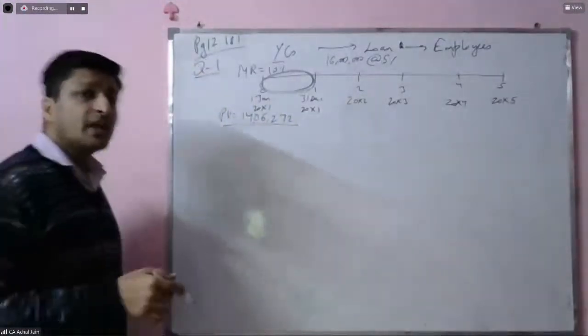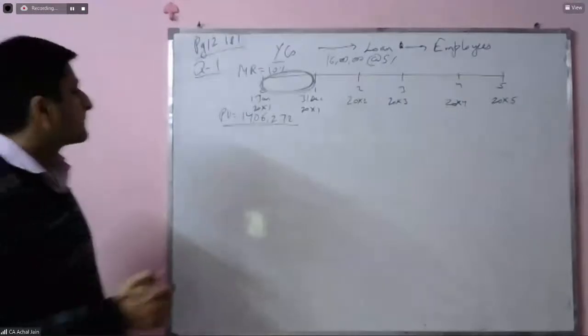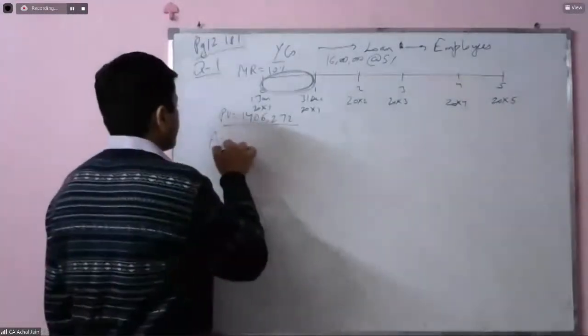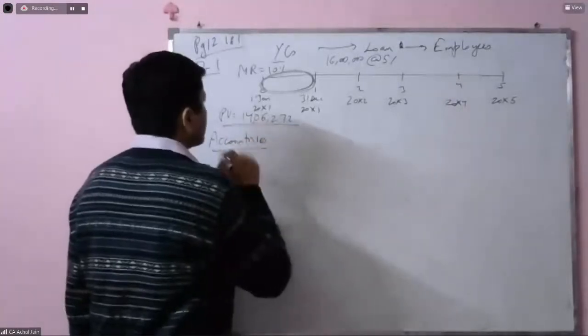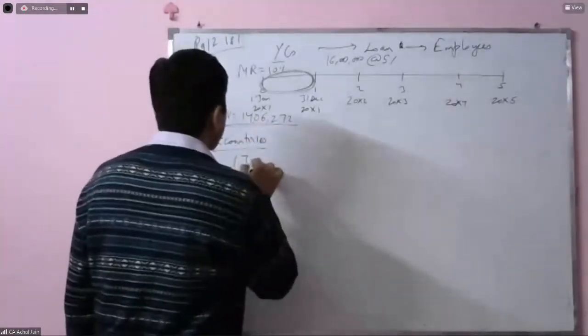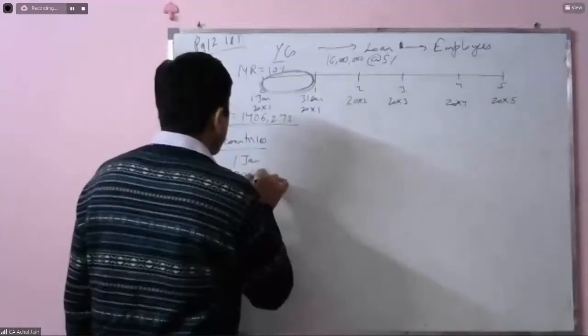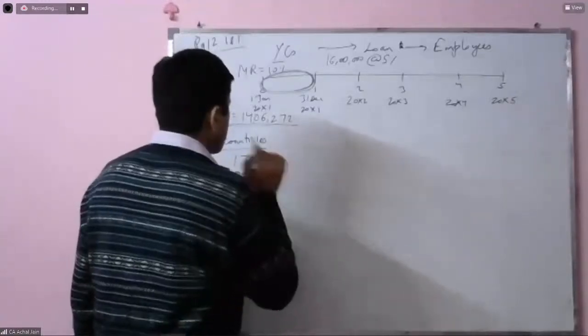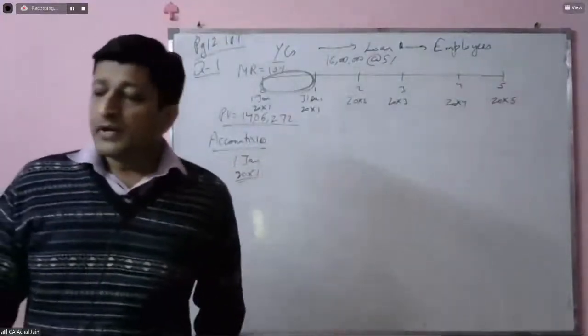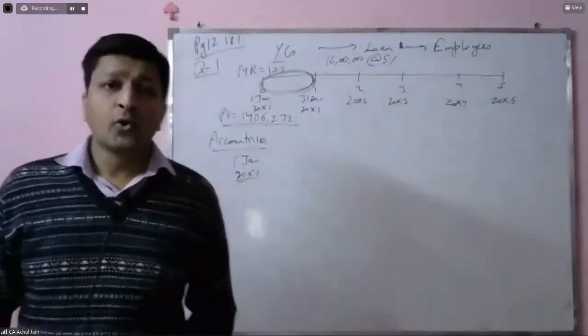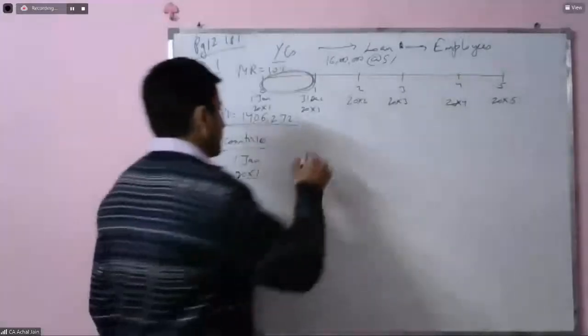Now let's begin with the accounting entries. On 1st of January 20X1, what's the first entry that we will pass? We will record the staff loan or employees loan.